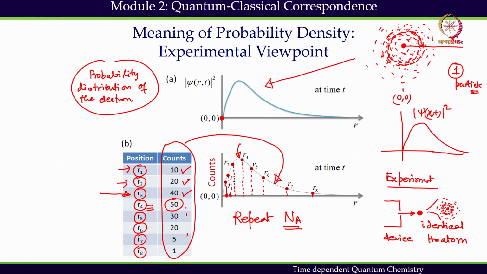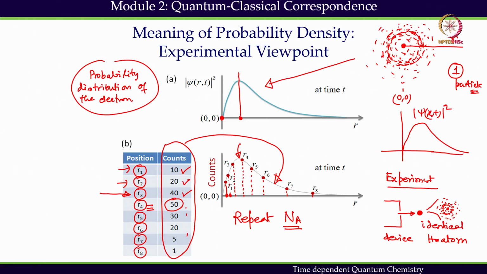So the probability distribution function doesn't tell that if I perform an experiment I will get this position directly. It doesn't mean that. It shows how different outcomes would be in a repeated experiment.